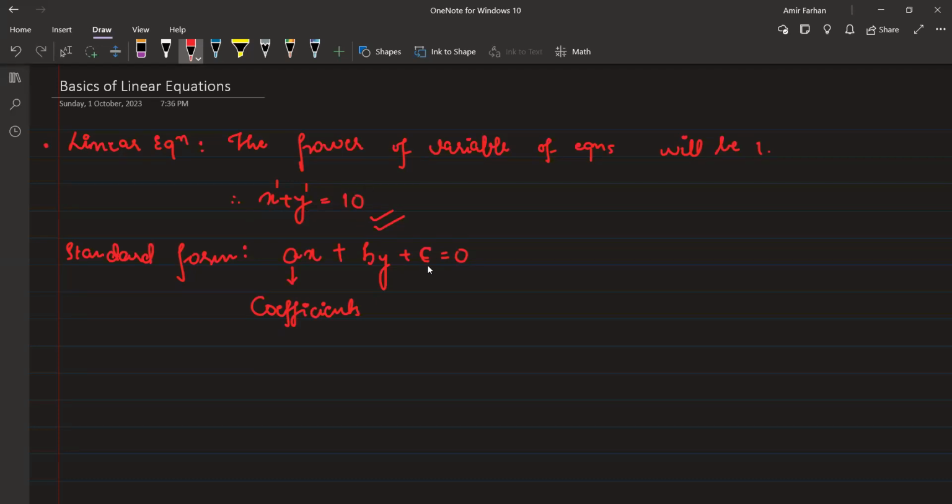Basically, c represents the constant. Got it? Yes. Any doubt, dear? No. Sure? Yes. So Simrat, this is called the standard form or the general form of a linear equation in 2 variables. Any doubt? No.